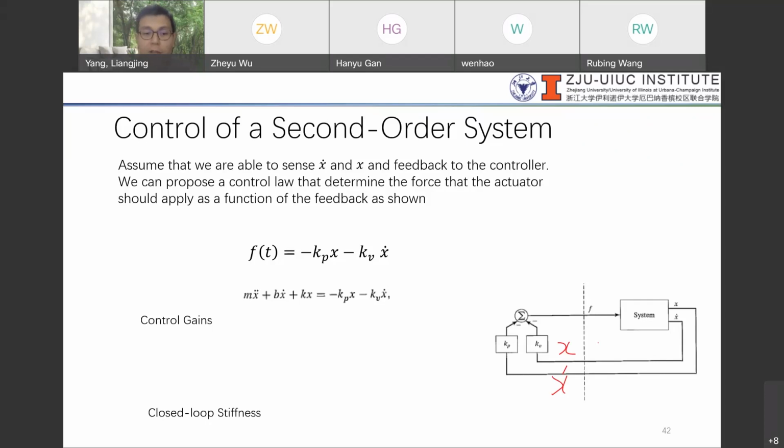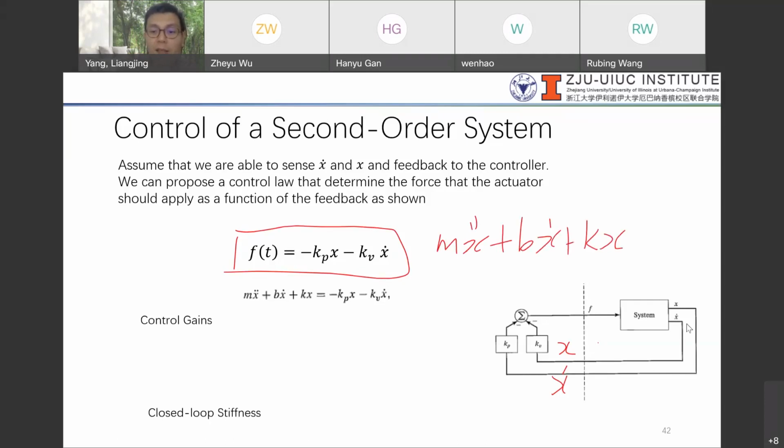All right. So now we set our F to be equal to the feedback in proportion of Kp and Kv. Remember the dynamic equation is really mx double dot plus bx dot plus kx equal to f.